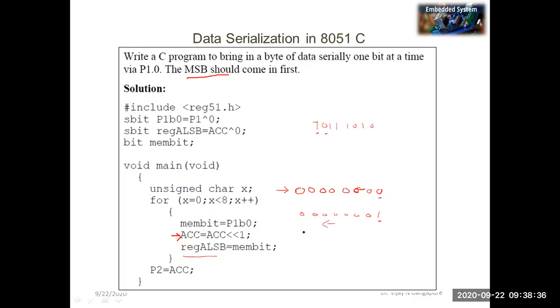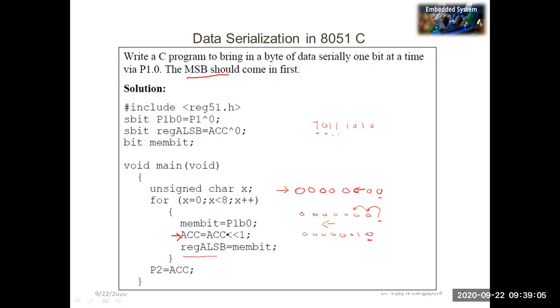So now the data will be 0 0 0 0 0 0 1 0, because this will get shifted towards left by one position. And this data in mem bit will get assigned to bit number 0 of the accumulator, here. In this way all these bits will get received serially, assuming that the msb is inputted first.